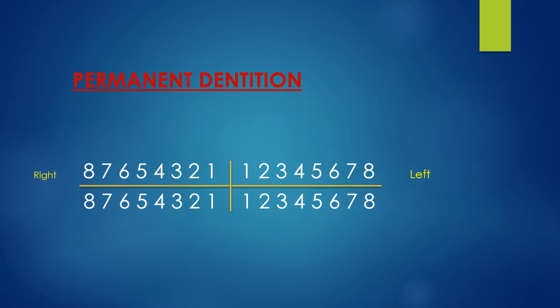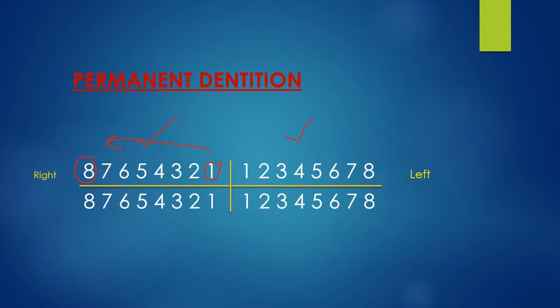Coming to permanent dentition, this is the right half of the jaw and this is showing the left half of the jaw. Similarly, as in deciduous dentition, in this also we start from the central incisor to the lateral incisor, from the center towards the outside. That is, number 1 denotes central incisor and number 8 denotes upper right third molar.